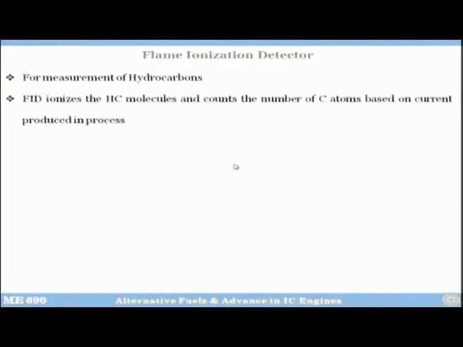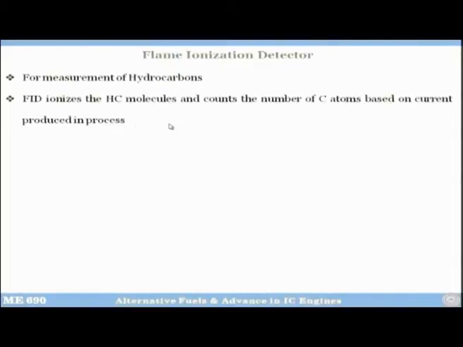So, for measurement of hydrocarbons, the FID, flame ionization detector, ionizes the HC molecules and counts the number of carbon atoms based on the current produced in the process. So, we are basically measuring the current that is produced, and then we calculate the number of ions, and as I said, the number of ions in C1 is 1, C3 is 3, and C6 is 6, and therefore, the volume that I showed you, 600 ppm of C1 is equivalent to 200 ppm of C3 and 100 ppm of C6.